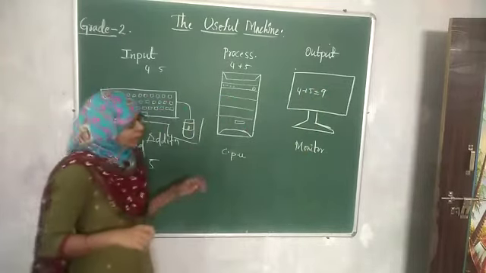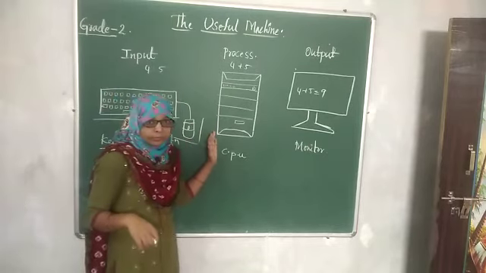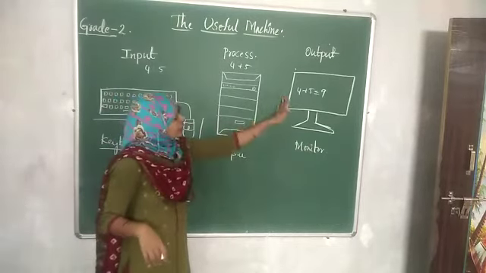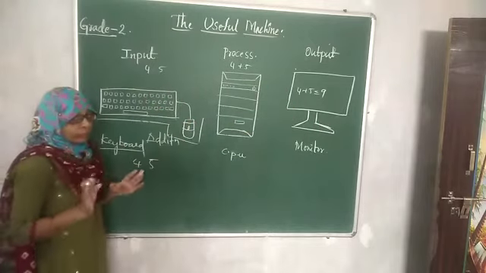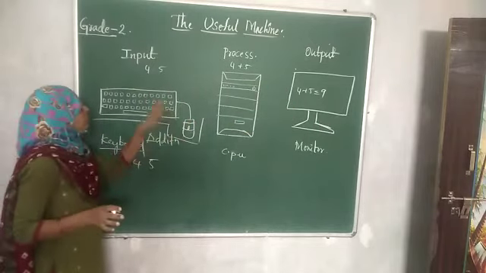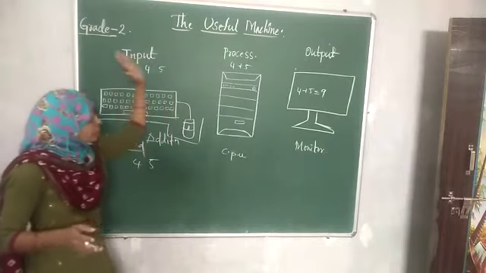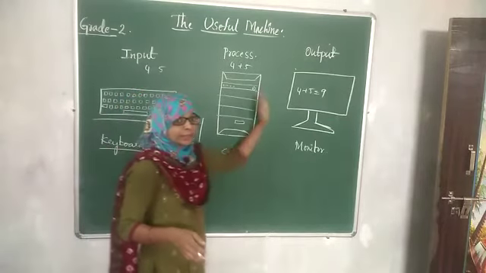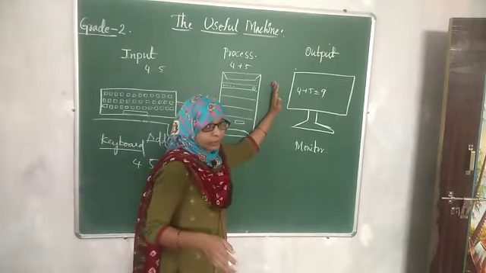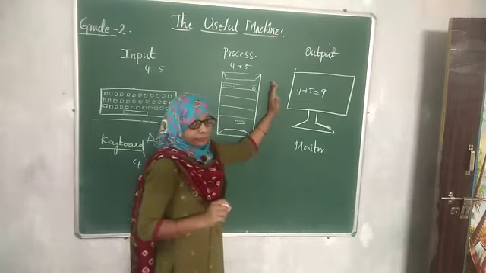Okay students, whatever the CPU performs, the result appears on the screen of the monitor. So overall, keyboard and mouse are the input devices, the process goes on in the CPU, and we get the output here on the screen.